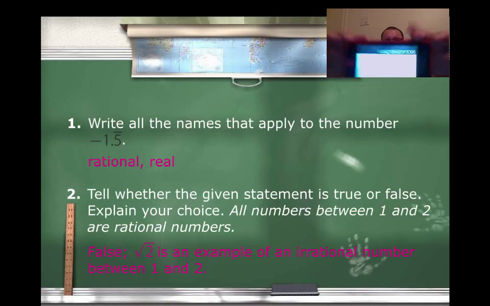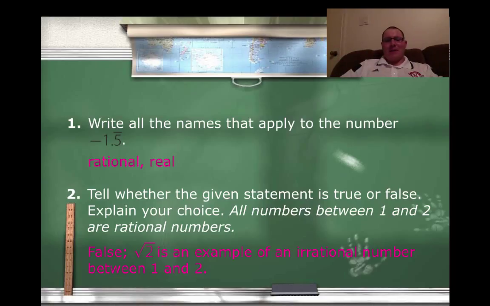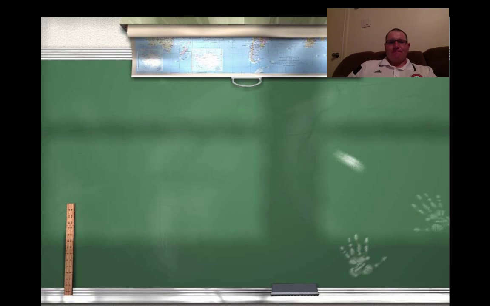It is 1.414, and it keeps going. You see how it keeps going? Because the decimal does not end and it does not repeat, that makes it irrational. Therefore, not all numbers between 1 and 2 are rational numbers.